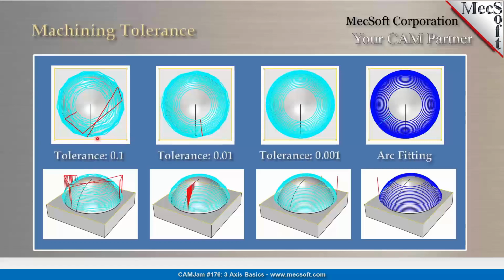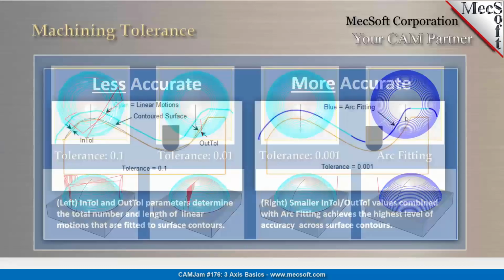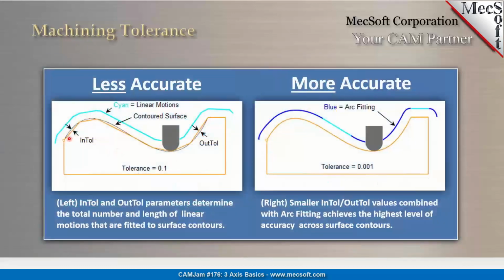So basically, the slacker the tolerance, you'll have fewer chord segments; tighter, it'll make it a greater number of chord segments, and you can also fit arcs to the toolpaths by defining these arc fitting tolerances in the advanced cut parameters tab. Here's also an effect of the tolerance. You can see the in tol and the out tol, setting the tolerance to a slacker value versus setting it to a tighter value. So it makes it more accurate, the tighter the tolerance.